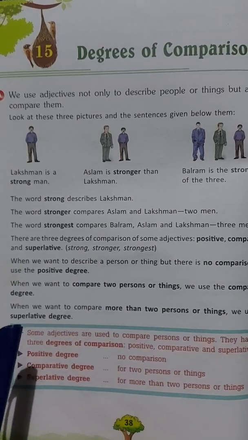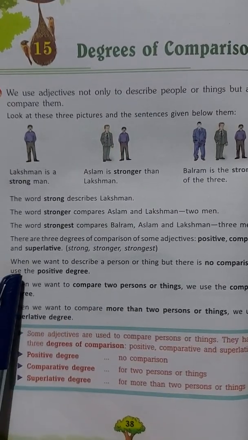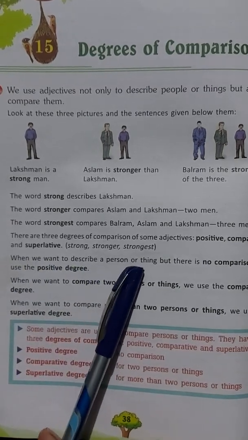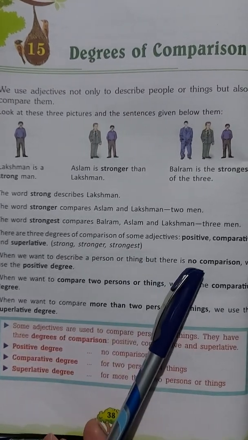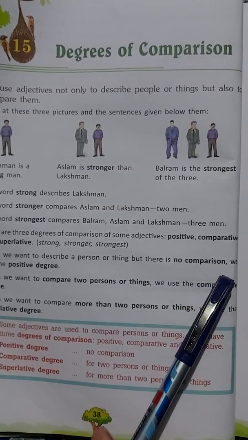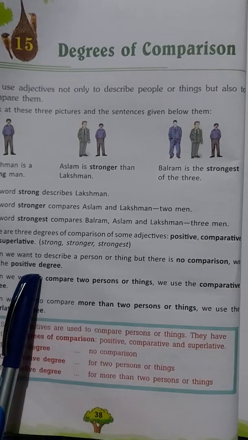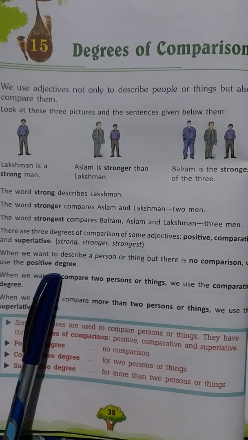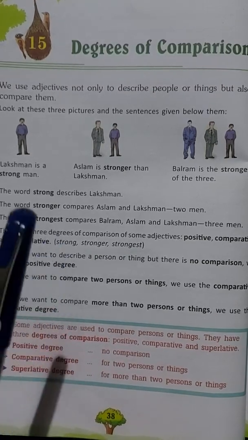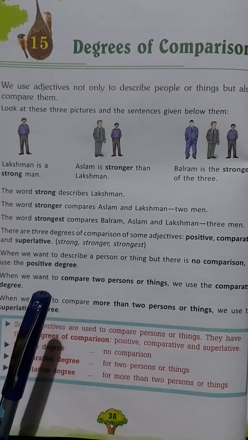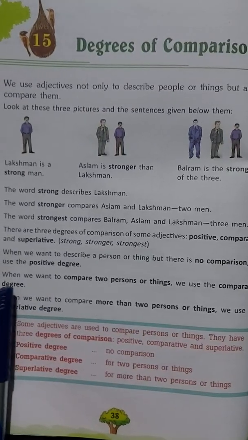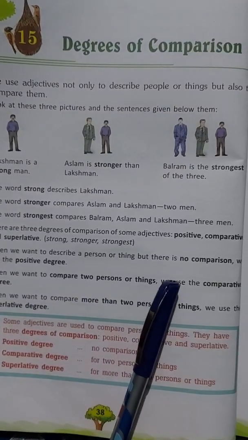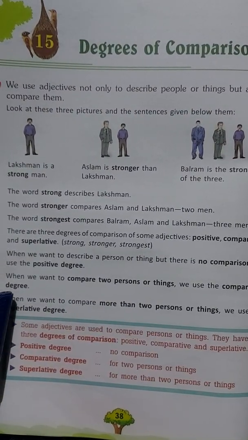Now let's read what is given in the book. When we want to describe a person or thing, but there is no comparison, then we use the positive degree. Okay? So like I told you, when there is no comparison, we use the positive degree. Then next is when we want to compare two persons or things, we use the comparative degree.